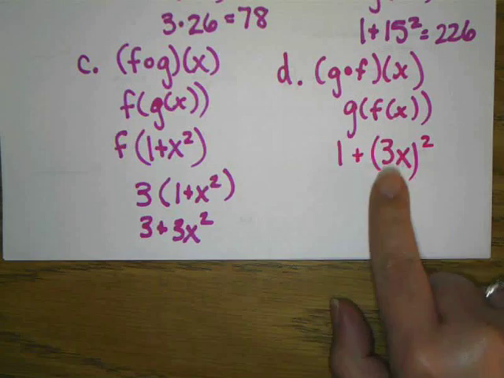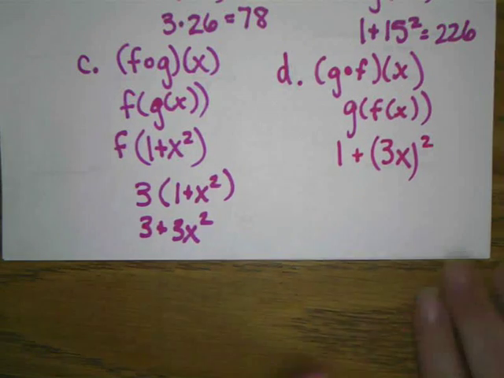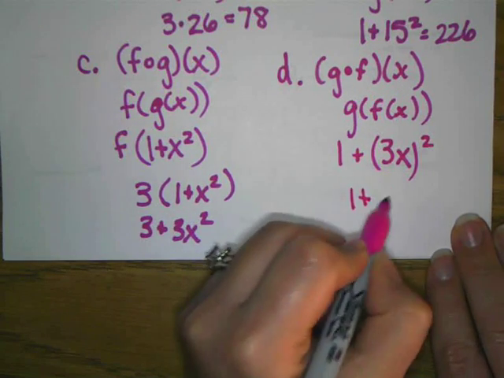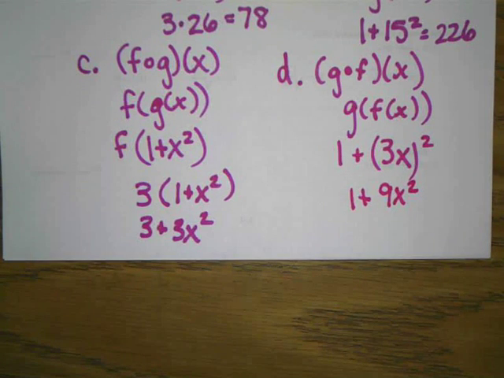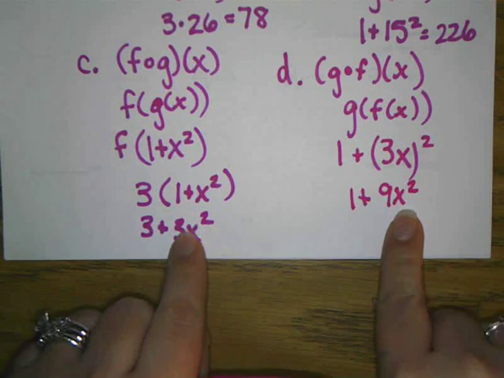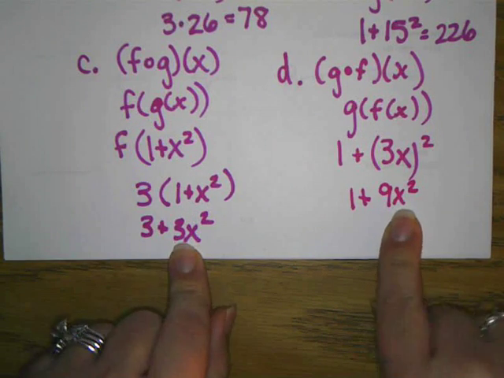So this is 1 plus f of x, which is 3x squared. 3x squared is 9x squared, and 1 plus that is just 1 plus 9x squared. So please notice that these do not give the same output. They are not the same thing.